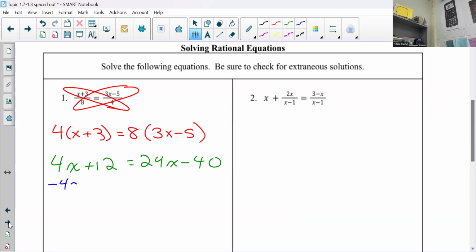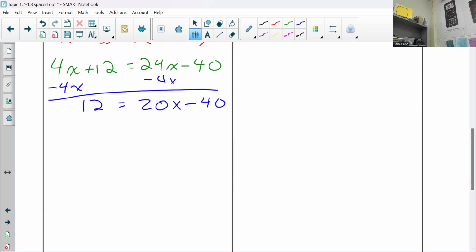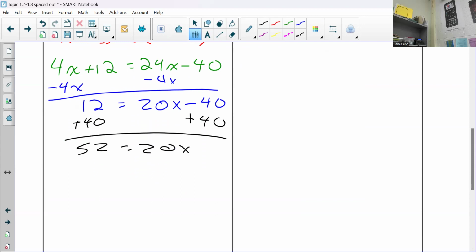I am solving for x, meaning I'm getting x by itself. 12 equals 20x minus 40. So 52 equals 20x.